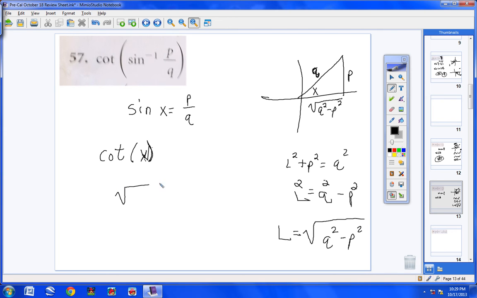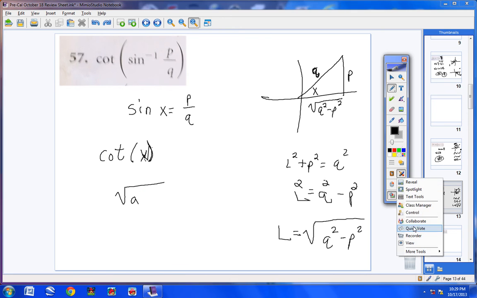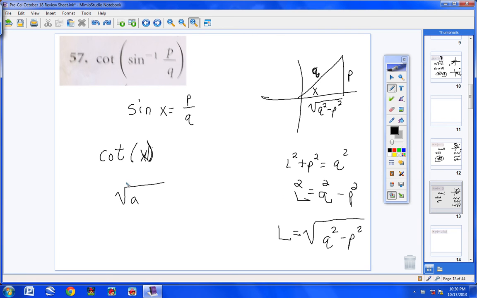Adjacent would be the square root of Q squared minus P squared. That's your adjacent over your opposite, which would be the letter P. So there's your answer. The square root of Q squared minus P squared all over P.